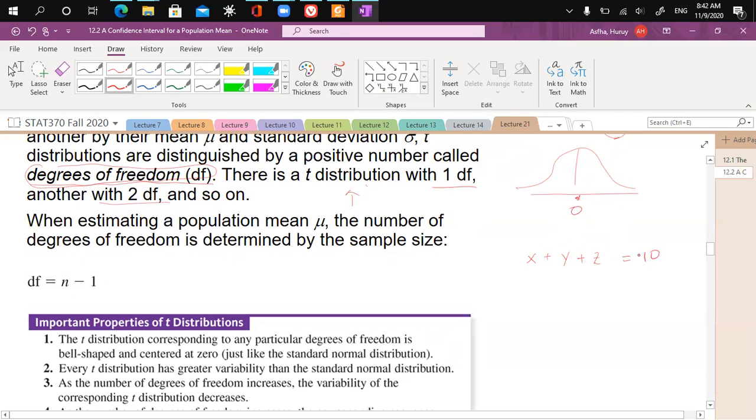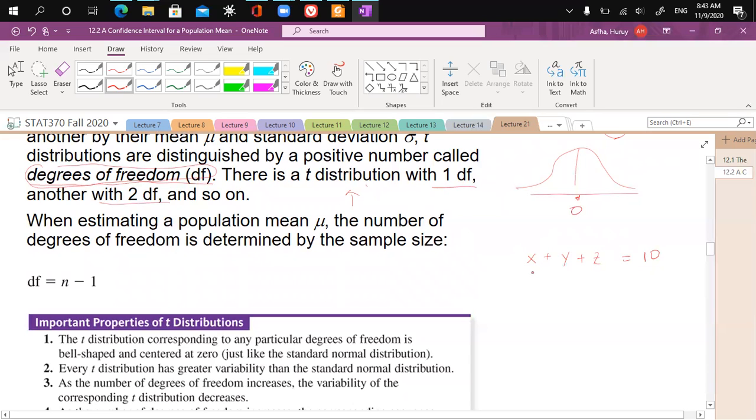This is an equation with 3 variables. Can we solve this equation? The answer is no. I cannot know the values of x, y, z, because I can have different combinations of numbers that give me 10.